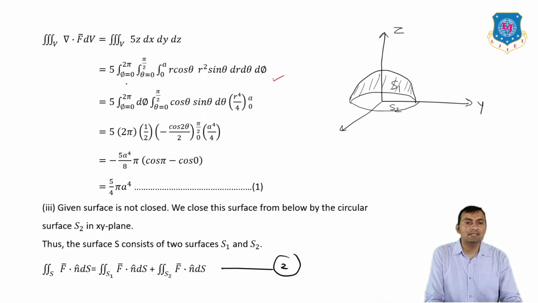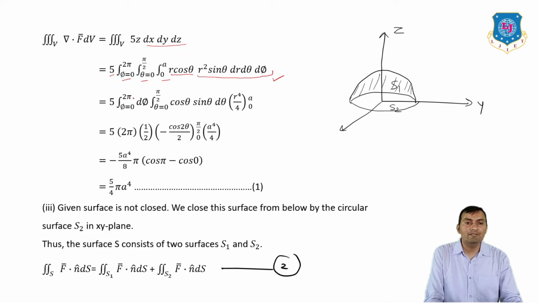This is the limit for phi, this is the limit for theta, and this is the limit for r. Here z equals r cos theta and dx dy dz equals r squared sin theta dr d theta d phi.